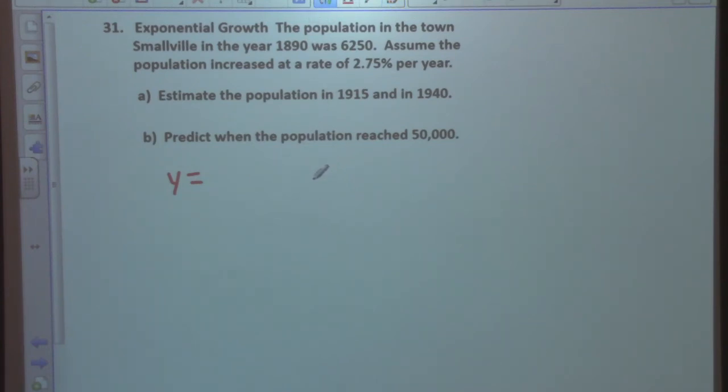On that one, I have A is 12,314 to 24,264. And then B, I have around 1967. Okay, 1967.